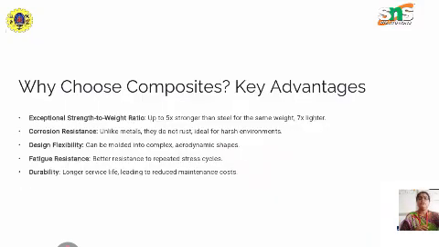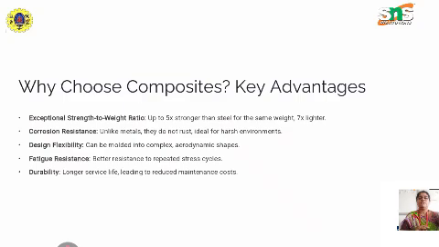Why choose composites? What are the advantages? Different properties are enhanced by using composite materials. They have an exceptional strength to weight ratio, up to 5 times stronger than steel for the same weight, or 7 times lighter. We know that steel is a very good material.